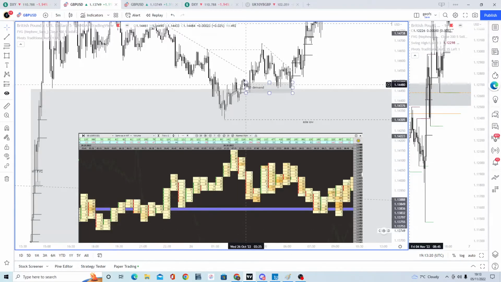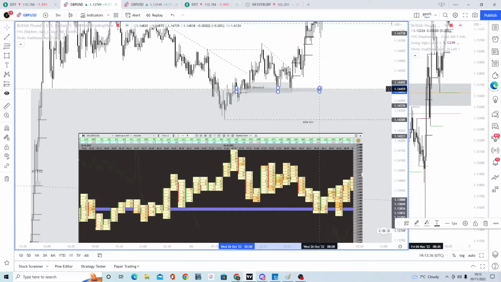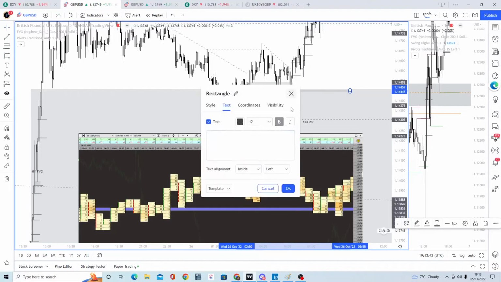So that corresponds to 250. That's a down close candle. So we can mark that out, and it appears to be about halfway. So we'll call that our volume cluster, and it's within M5 demand.